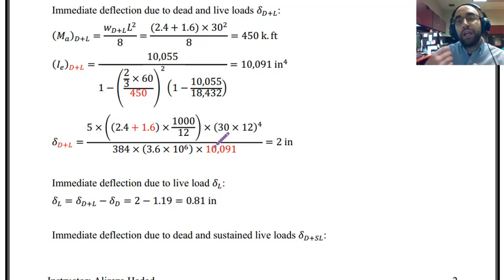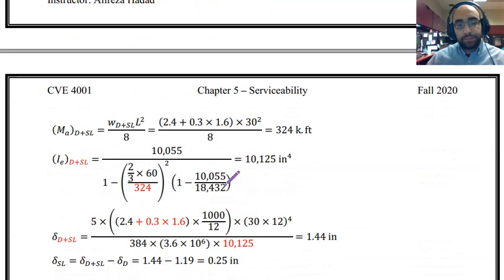Then I have to subtract the deflection because of dead load to find the deflection just because of the sustained load, and then put it in the equation for long-term deflections. And by including the long-term factors, we can find the long-term deflection.